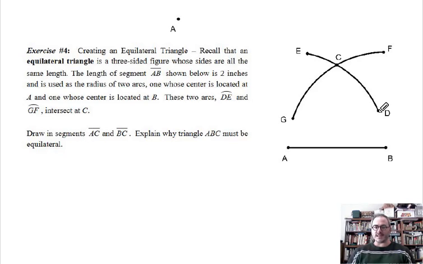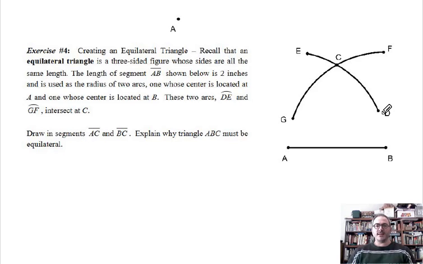However, it just so happens that this measure between A and B was the distance between A and D, and the same distance as B and G, which means all these distances are the same.